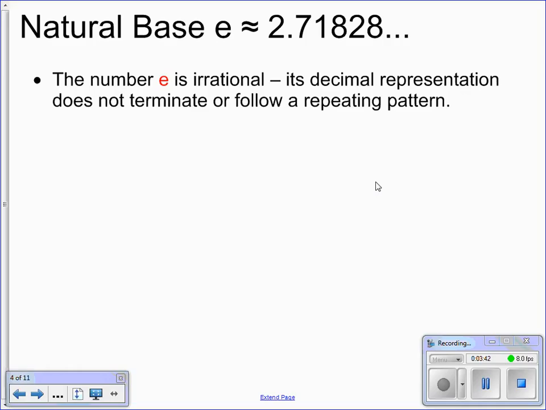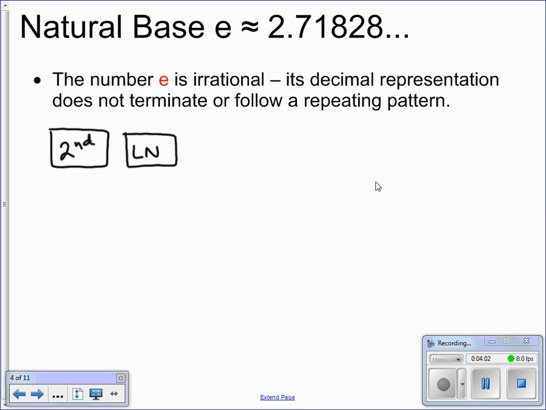Now, I want to show you where your E button is on your calculators. Most of you will have to follow this method. You'll have to use your second button, which on Casios is shift. And then you probably have a button somewhere that is labeled LN.